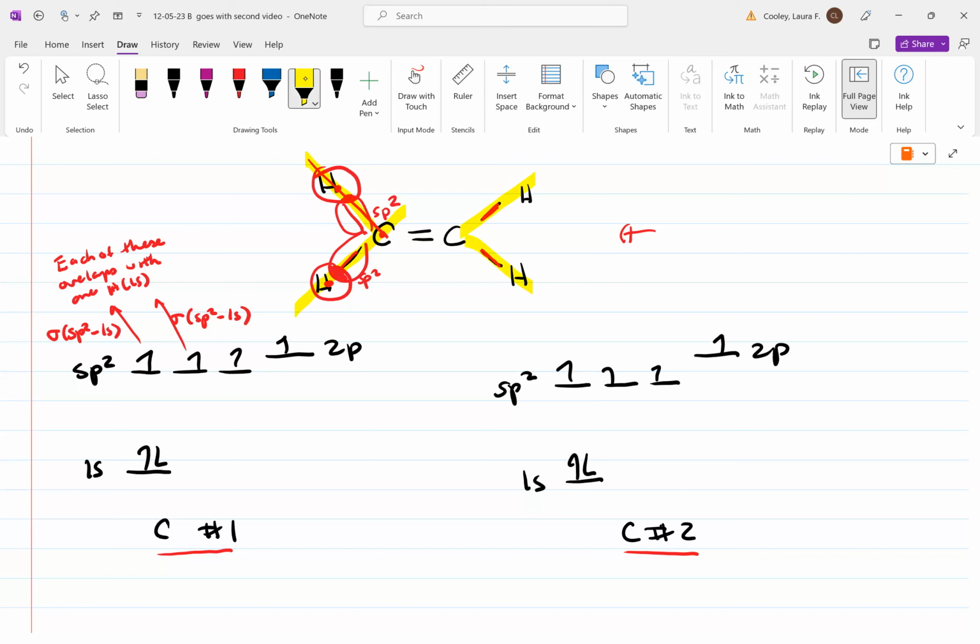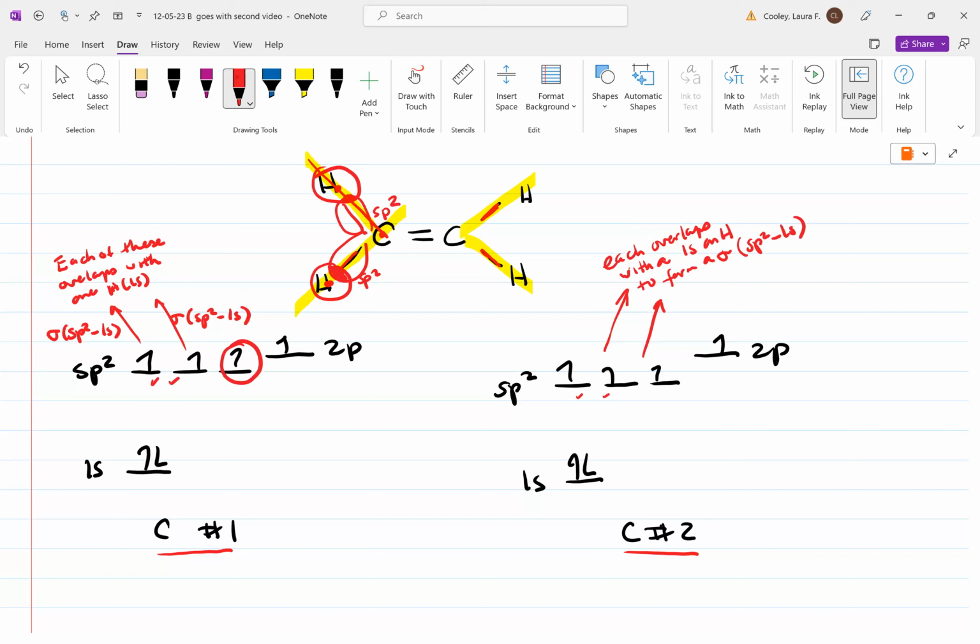And of course, it's the same on this side. So on the other side, we will have a similar situation where pick any two of these, it doesn't matter which you pick, each overlaps with a 1s on hydrogen to form a sigma bond from sp2 on carbon to the hydrogen 1s. Okay, so we've taken care of these two orbitals.